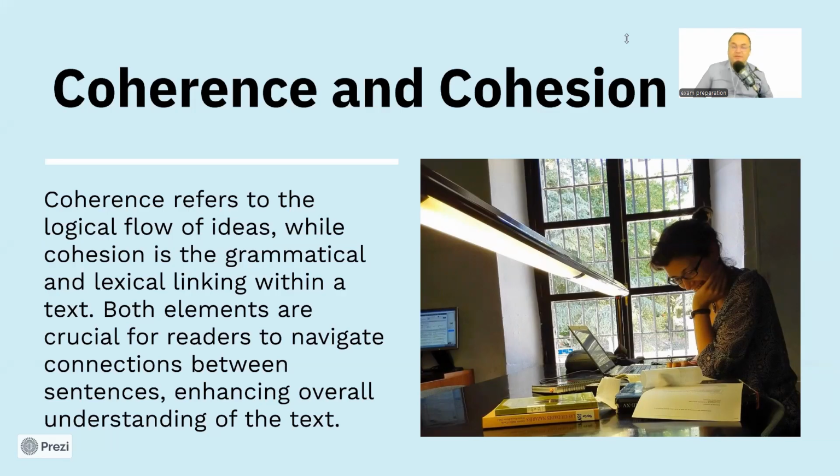They tell you whether you are extending, stopping, referring, and these are cohesion devices. Both elements are crucial for readers to navigate connections between sentences, enhancing overall understanding of the text. Coherence: it needs to make sense. Cohesion: it needs to be well connected.